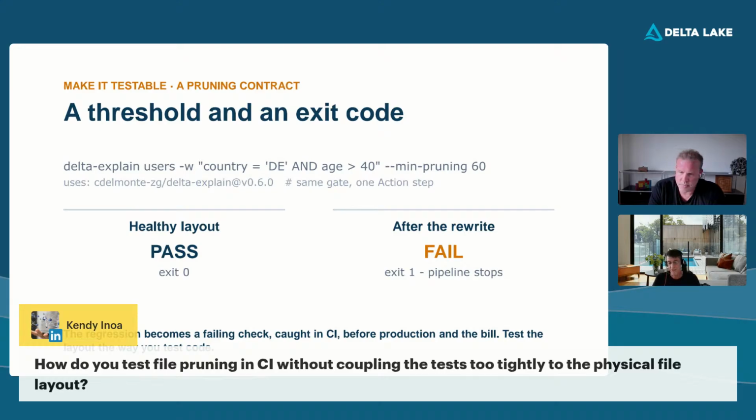And obviously, we are working on the physical file layout. That means we are, in any case, tied to the physical file layout because we actually want to measure it. We don't want the abstraction. We want to understand how this physical layout impacts our data transformation, the way in which we prune it. Let's say that the layout is not just a layout anymore; it's part of the product.